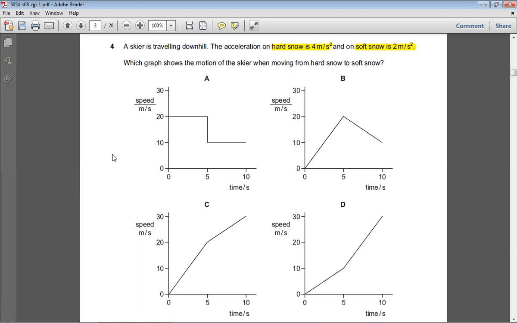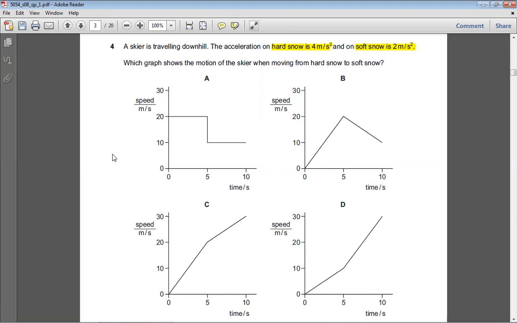In the speed-time graph, you know, the slope represents the acceleration. So he was moving on the hard snow, then on the soft snow. On the hard snow, the acceleration is 4 meters per second square, and on the soft snow, the acceleration is 2 meters per second square.